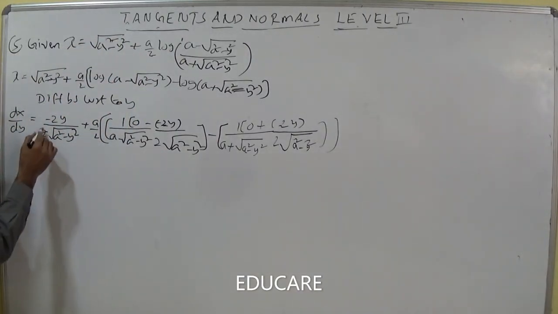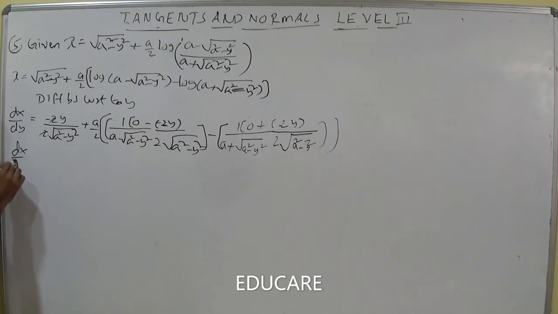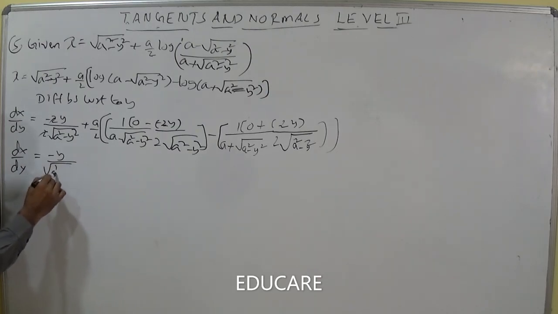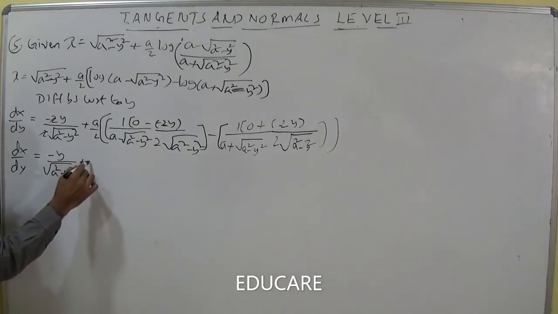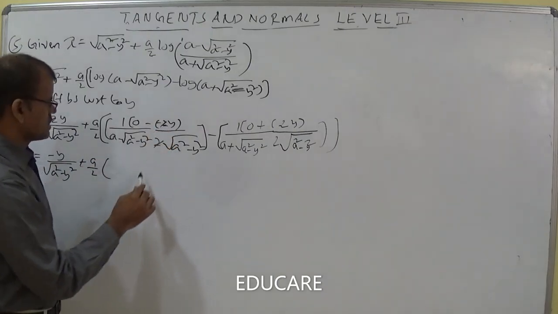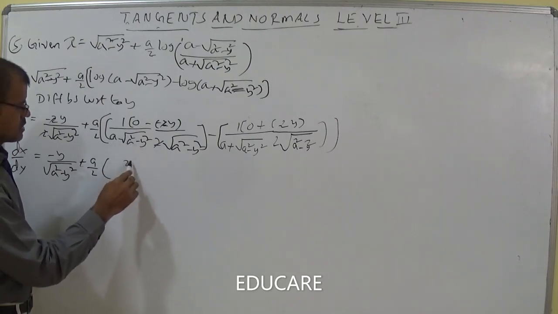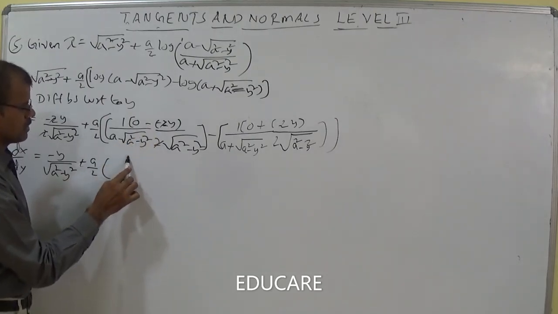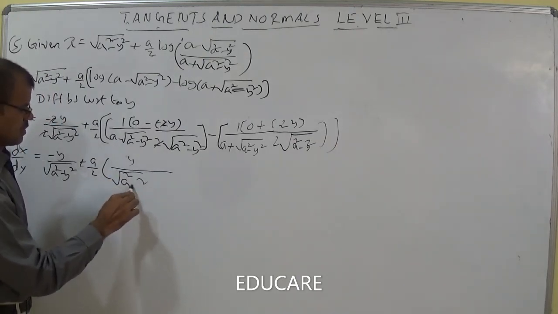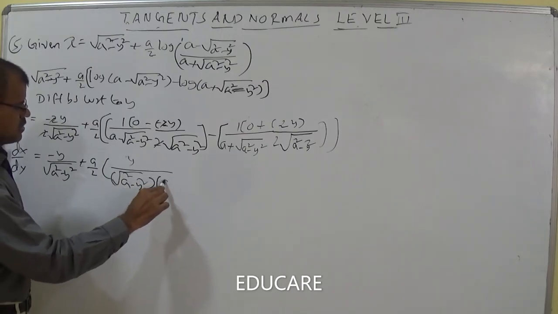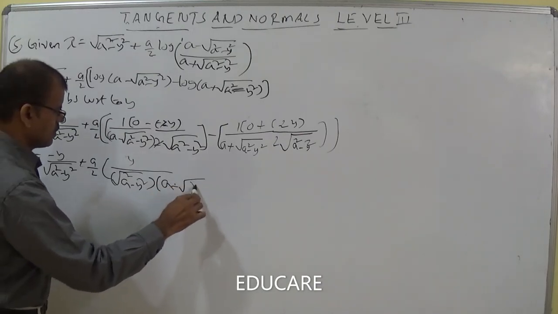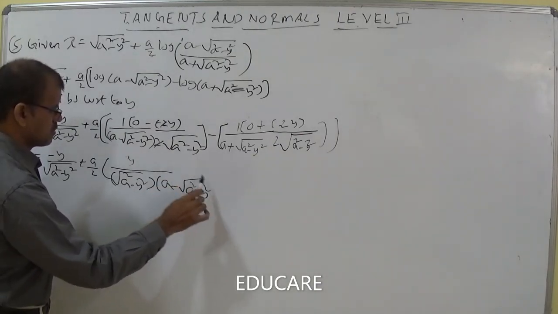Dx by dy, these 2 and 2 will get cancelled. Dx by dy you write here as minus y by root of a square minus y square plus a by 2 into, here 2 and 2 can get cancelled, y by root of a square minus y square, root of a square minus y square into, we put a small bracket, it is better, a minus root of a square minus y square.